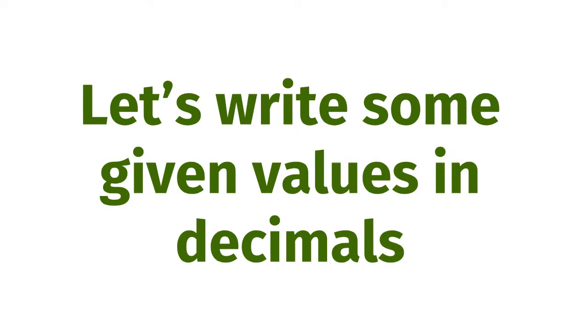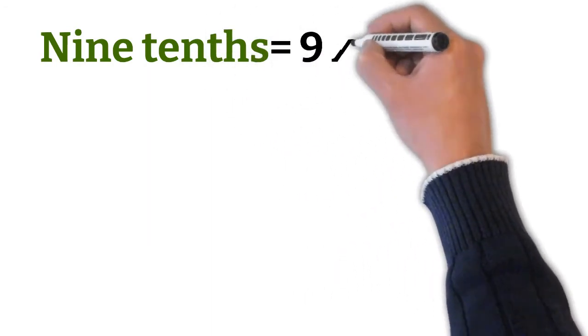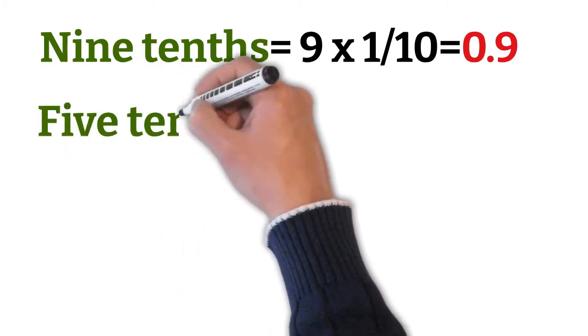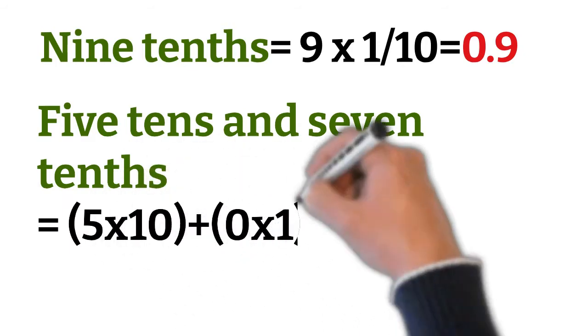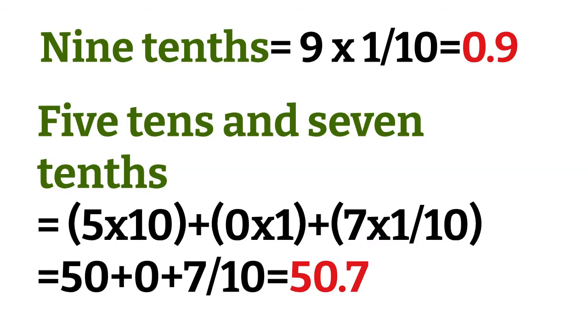Likewise, let's write some given values in decimals. For example, 9 tenths. It is equal to 9 into 1 by 10. That is equal to 0.9. Similarly, 5 tens and 7 tenths is equal to 5 into 10 plus 0 into 1 plus 7 into 1 by 10 equal to 50 plus 0 plus 7 by 10, that is equal to 50.7.